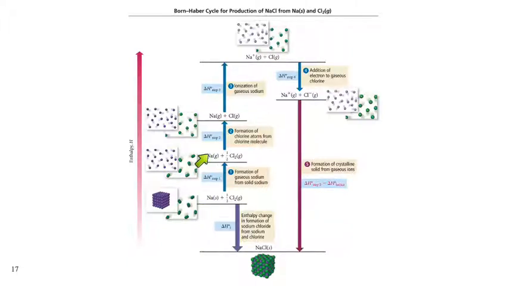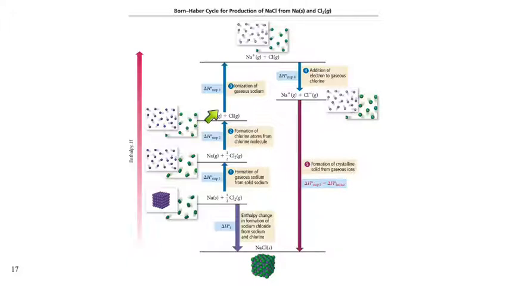You can look that up in a table, and so you can find the standard heat for that. Then we're going to take the chlorine molecule and separate it into chlorine atoms. That requires energy. We can also look that up in a table, so we can find the standard heat for this second step.